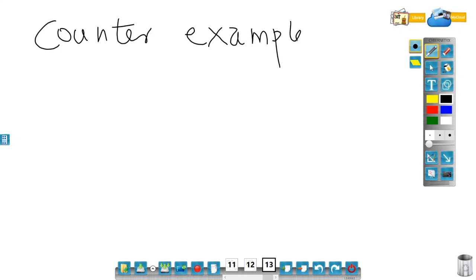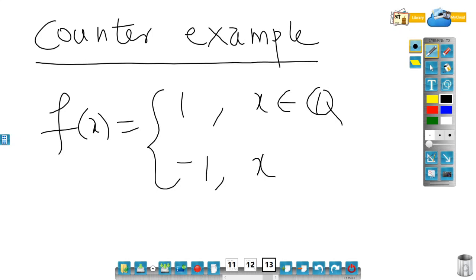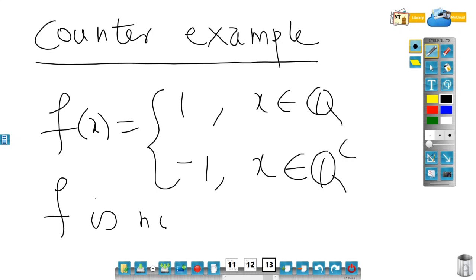A best counter example is your Dirichlet function. f of x is equal to 1 if x belongs to rational, and minus 1 if x belongs to irrational, from closed interval 0, 1. So f is not R integrable. That we know. I don't want to prove that.